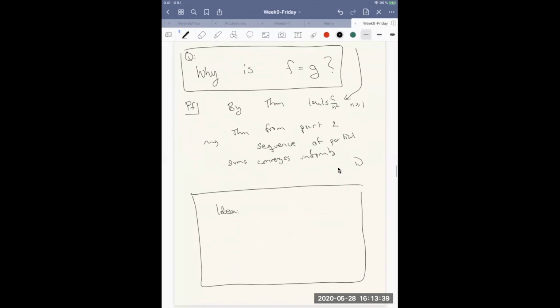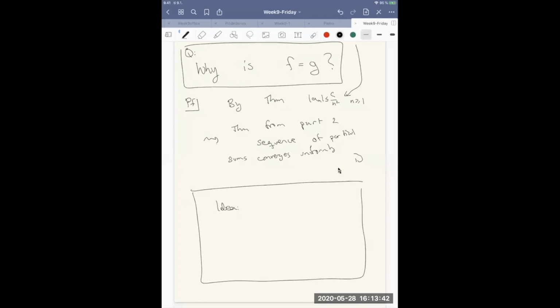Now, the remaining part of this, what we haven't yet done and what needs doing, is showing that f and g have the same Fourier coefficients. Our goal will be to show that f inner product with e_n equals g inner product with e_n for all n, where g is the infinite sum of a_n e to the i n theta.